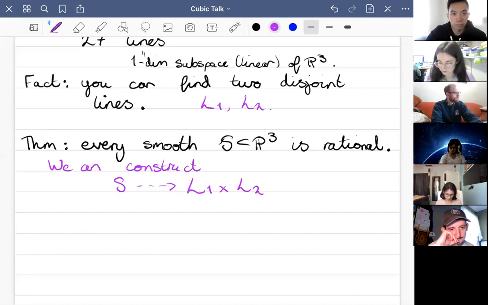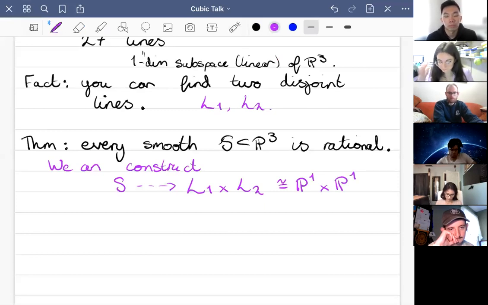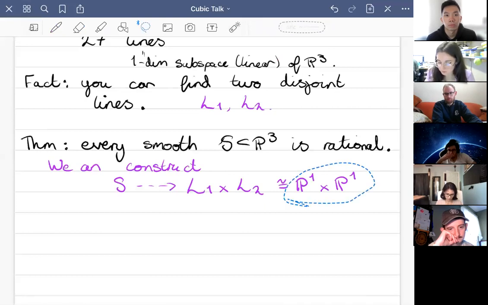Each line is just a one-dimensional subspace, so it's isomorphic to P1. And so this product is isomorphic to P1 cross P1. If we construct such a map and also construct an inverse, we won't quite have shown that it's rational, but we'll have shown that it's birational to P1 cross P1.